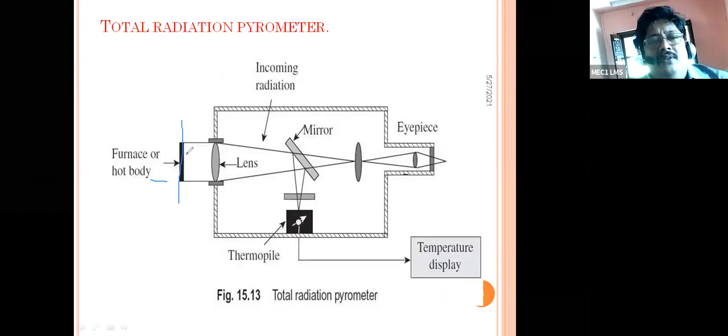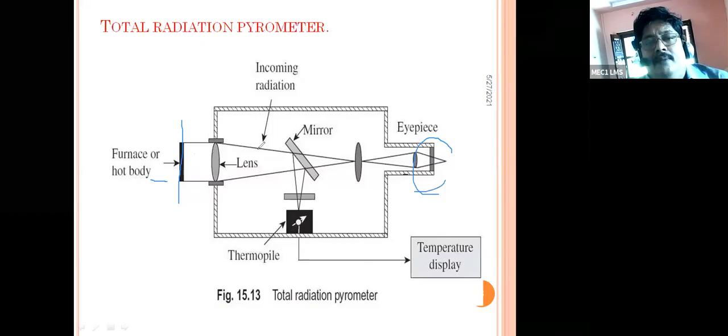This emits radiations, which will be focused on the lens correctly. For this focusing on the lens, we have to adjust with the help of this eyepiece set here. The observer, by making small adjustments, ensures that whatever radiations are emitted from the hot body will focus on the lens.